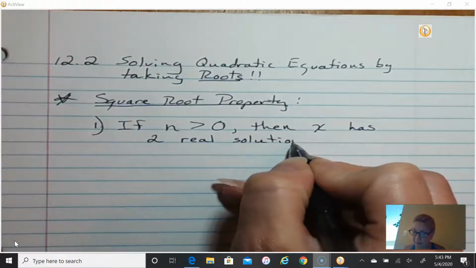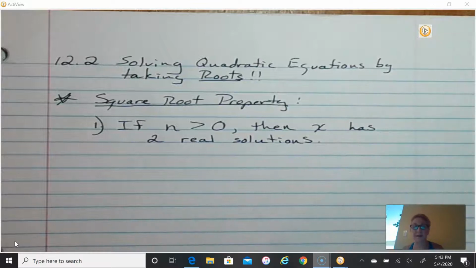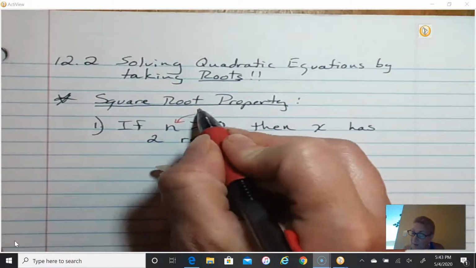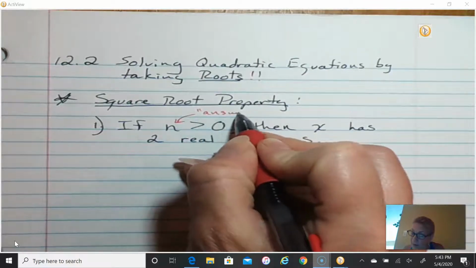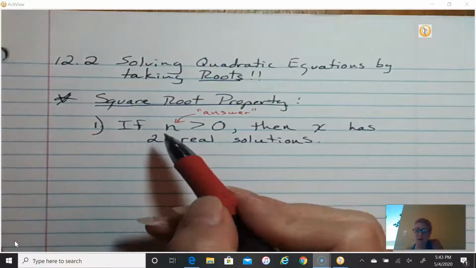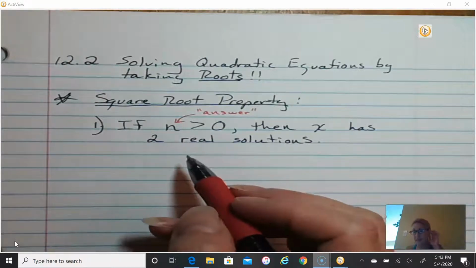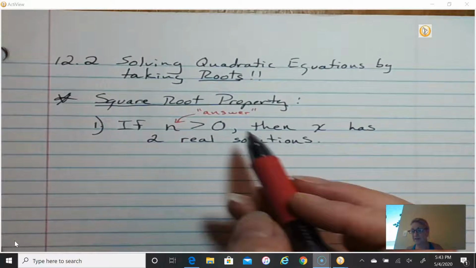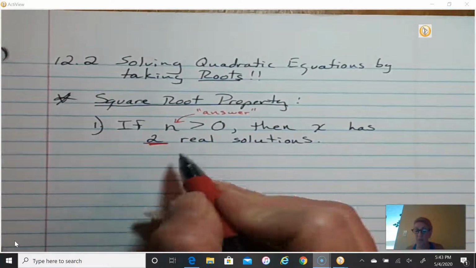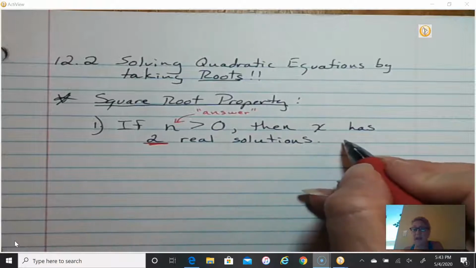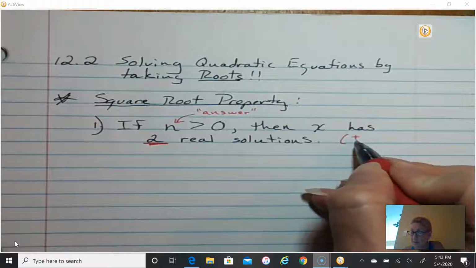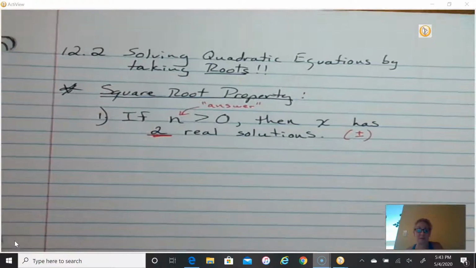This is going to make more sense to you in a minute. Now, let me explain. N is going to be your answer. I know. Why don't they just say the answer is greater than 0? So when you're working this, if the answer is greater than 0, then x is going to have 2 real solutions. And it's written with that plus and minus sign in front.